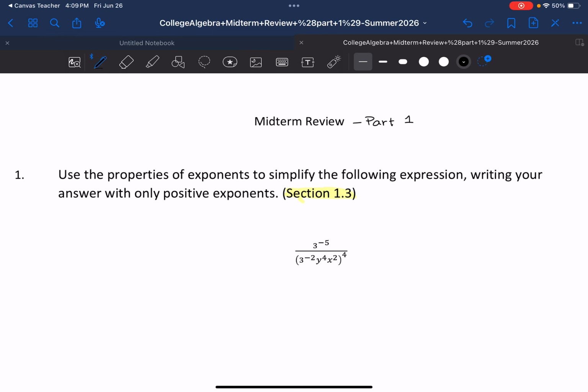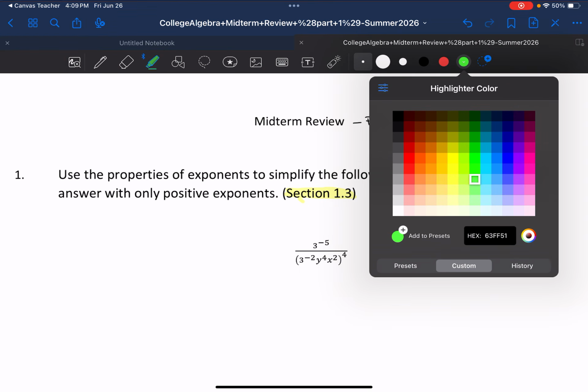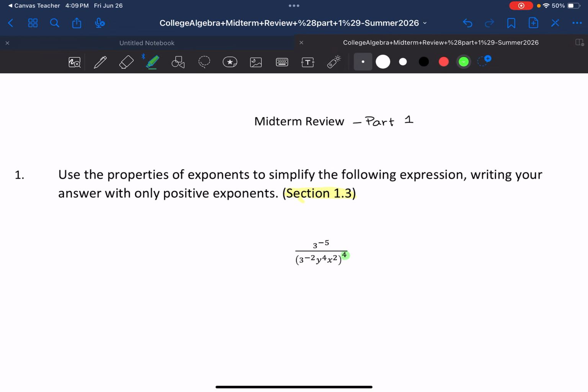So in this problem, there's a couple ways you can start, but the first thing I'm going to start with is this exponent of 4 that is being raised to everything in those parentheses. And I know that because it's on the outside of the parentheses.